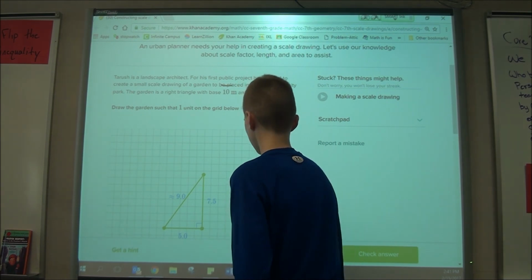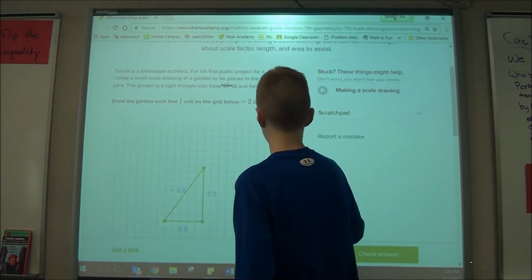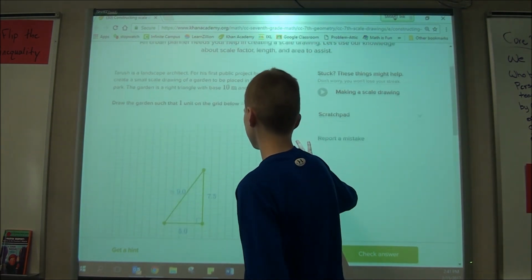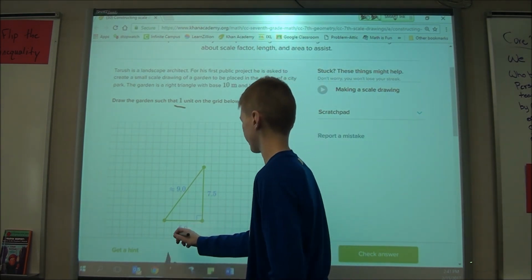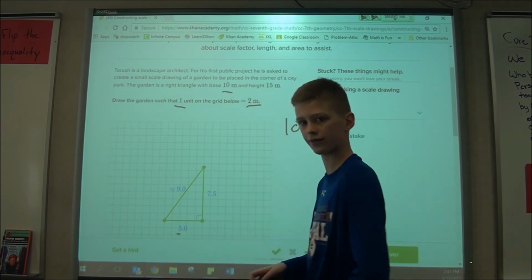And then because we know that 1 unit equals 2 meters, this is 5 units, which equals 10, and we got the 10.